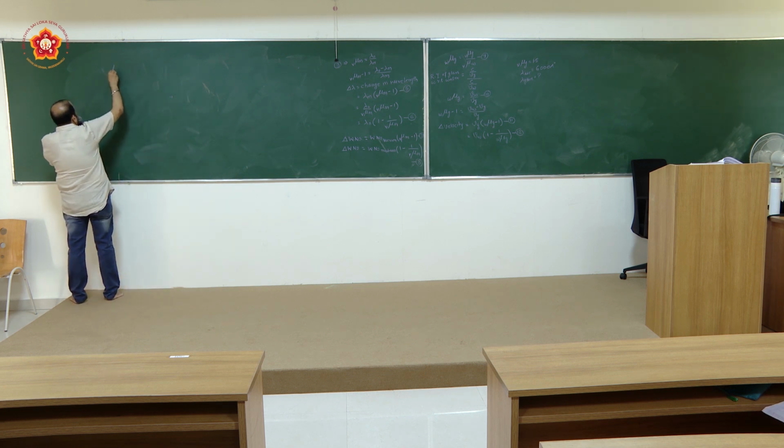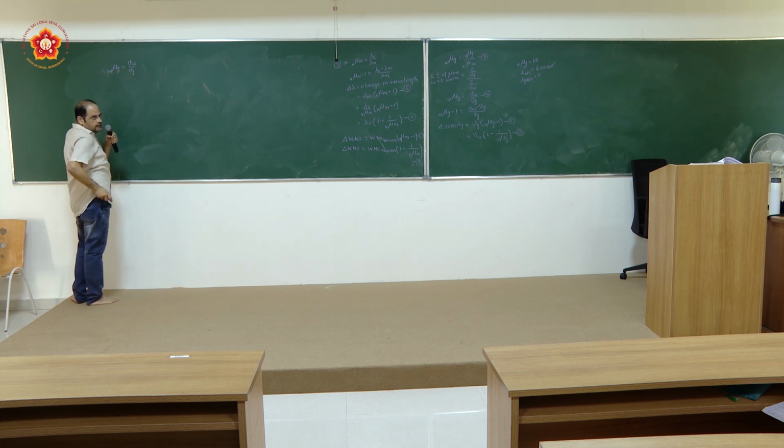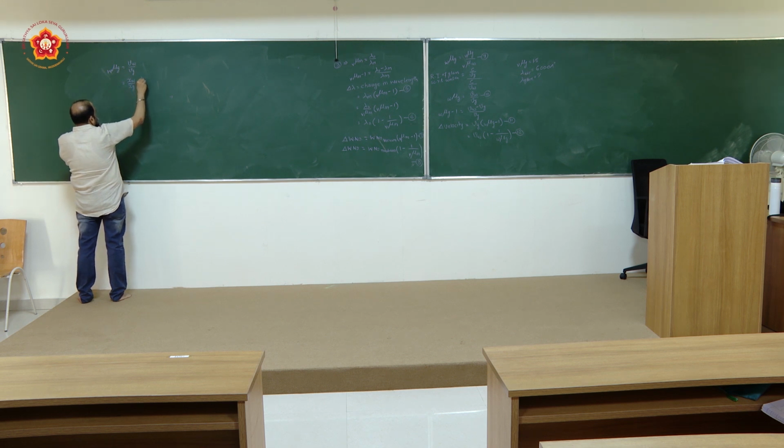Now we are writing here refractive index of glass with respect to the water. We have written a formula, velocity in water upon velocity in glass. Am I right? Now can I write down this as distance covered in water upon distance covered in glass multiplied by time in glass divided by time in water?